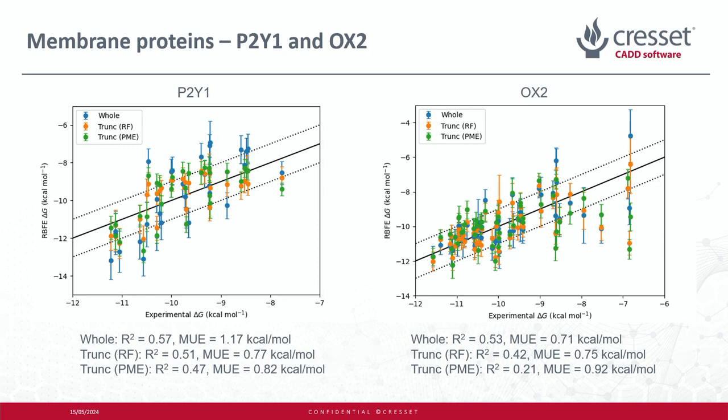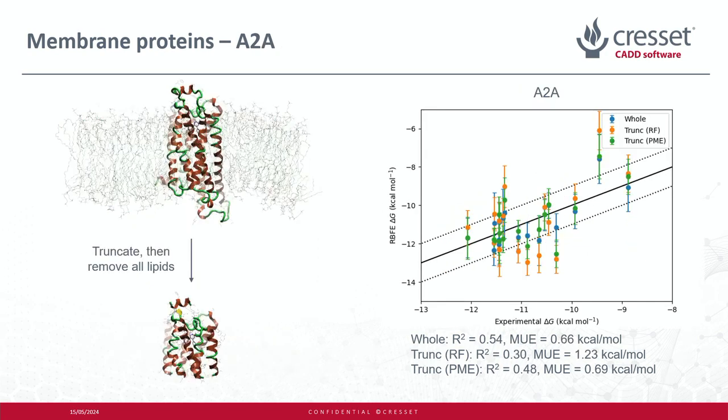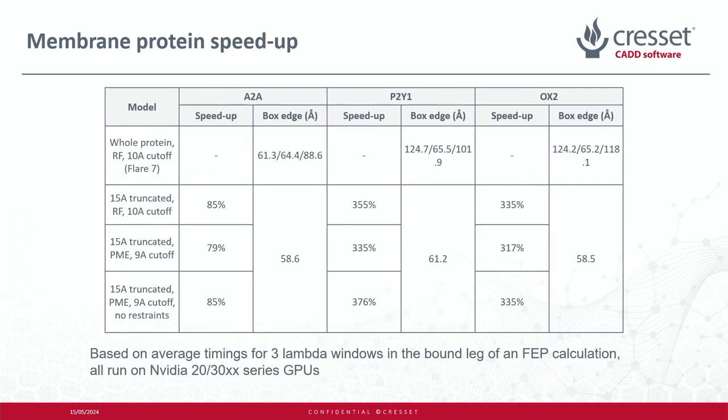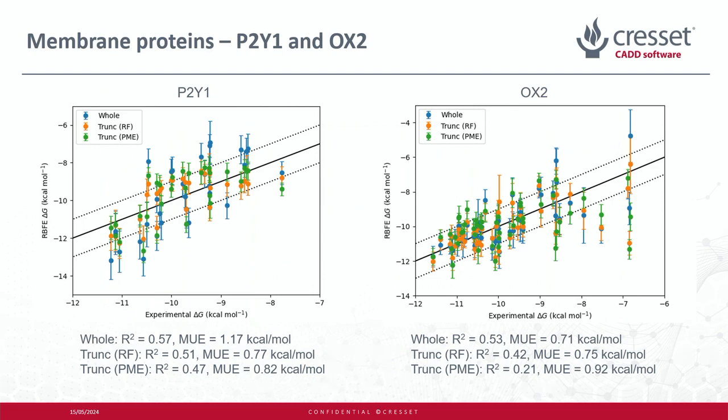So we're applying this same truncation procedure where we remove all the lipids, but on a system which has a lipid-exposed binding site, which, to be honest, I didn't expect to give particularly good results. But actually, if you look at the benchmarks, the results look pretty good. I wouldn't take this as proof that you can do this for any lipid-exposed binding site, obviously. For this sort of system, if you want to do something like this, you have to do very careful benchmarking to check that it is actually going to work properly. But in this case, it doesn't seem to be too bad.